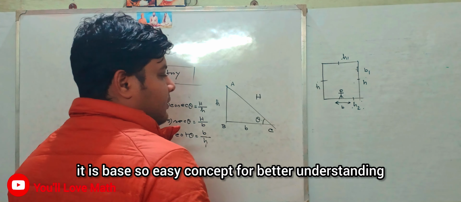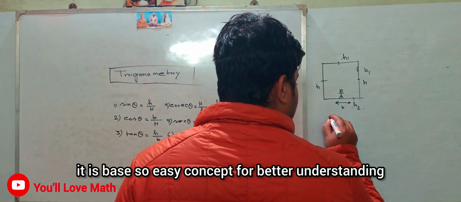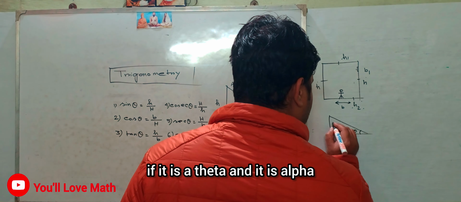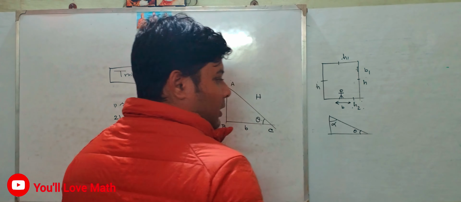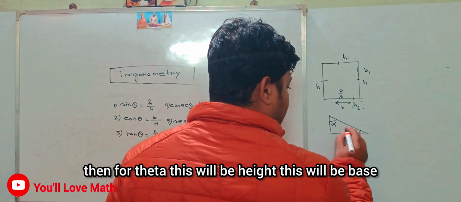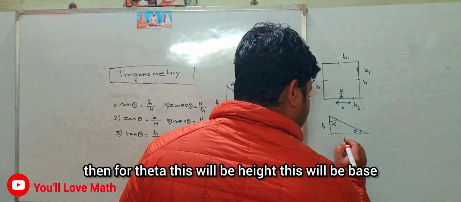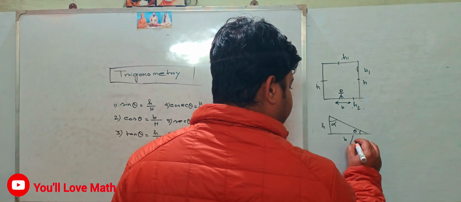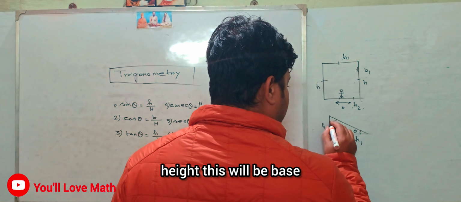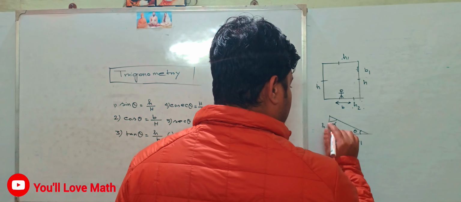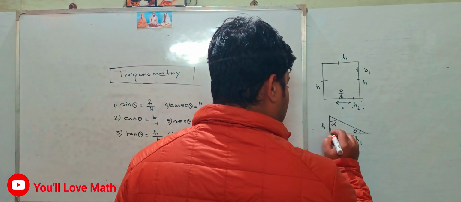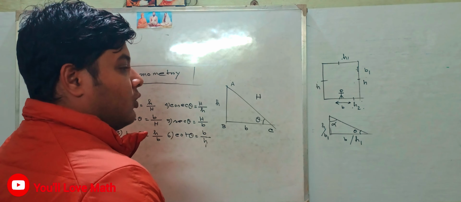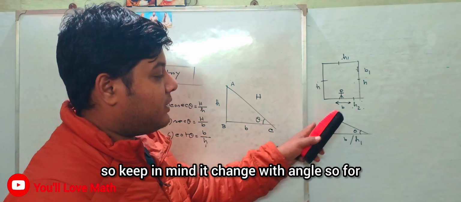For better understanding, if it is theta and it is alpha, then for theta this will be height and this will be base, and for alpha this will be height and this will be base. So keep in mind it changes with the angle.